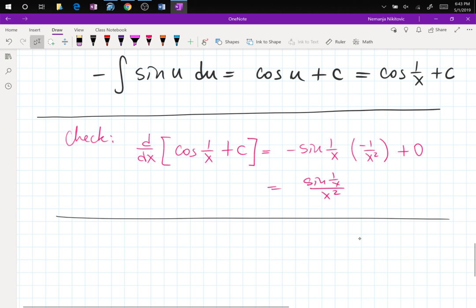Well, I can come up with one. How about integral of dx divided by x times ln to the 6x? That's a nice one.